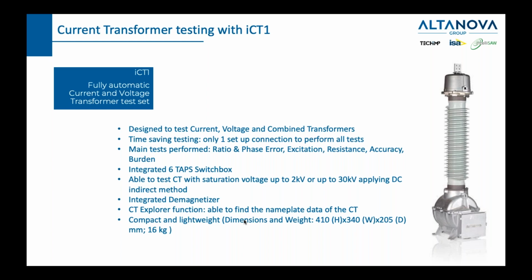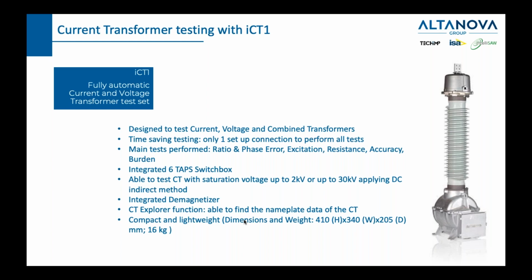So let me stop here and explain what that is. We have 2 versions of iCT1, the standard and the advanced one. Both of them can generate AC voltage up to 2 kilovolts in nominal frequency, 50 or 60 hertz. So you truly get your 2 kilovolts to test your knee point.